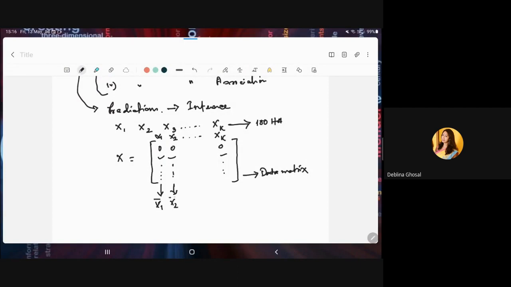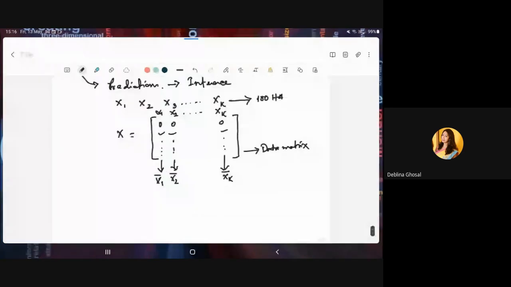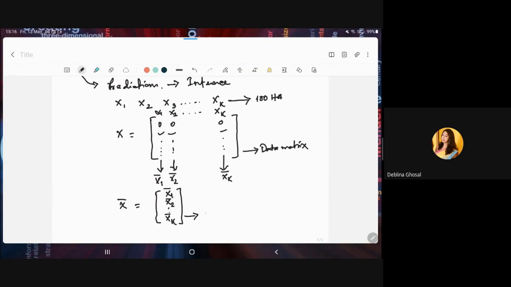So when you get the means, you can construct a mean matrix of the variables by these values. That is, x1 bar is the mean of the first variable, x2 bar, and xk bar. This we call the mean matrix.